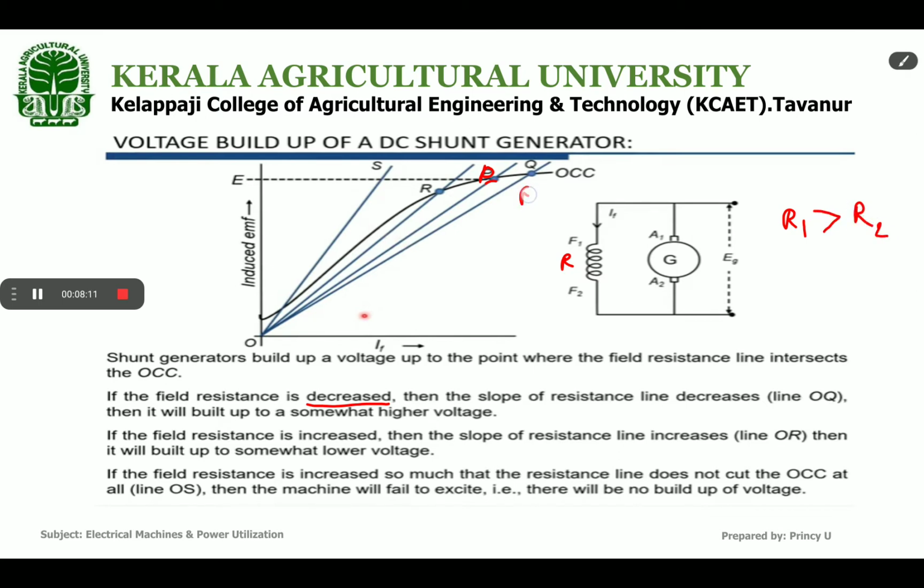So this is the curve for R2, which is line OQ. The slope of the resistance line decreases. This line OQ represents the second curve.